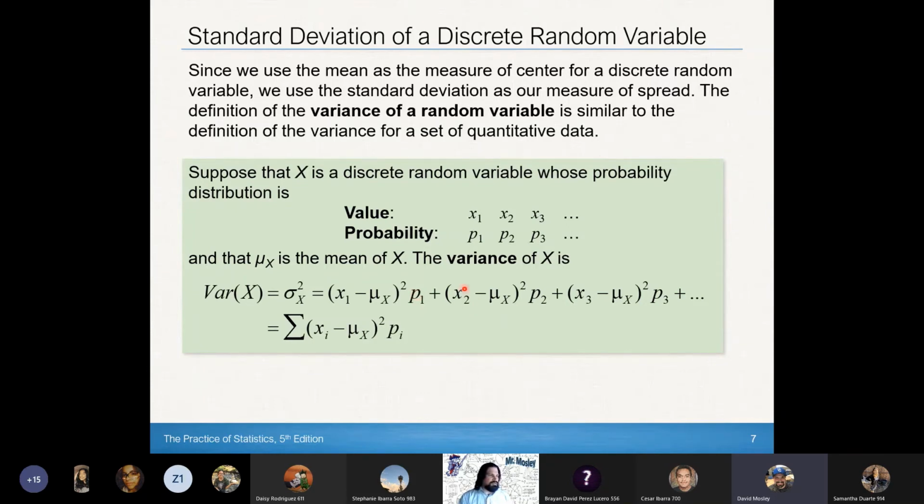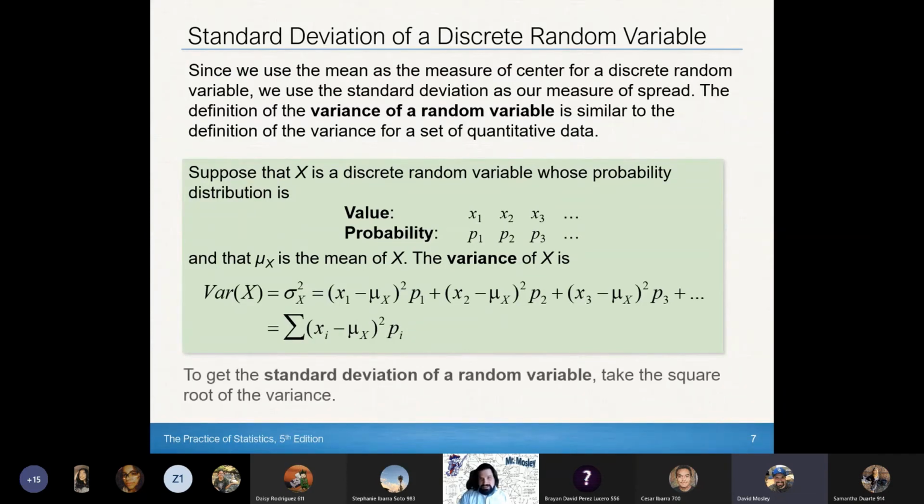Right, then second outcome minus the mean squared times the probability of a second outcome, and so on, and we continue like that until we don't have any more outcomes and probabilities, and we can write that in short notation as the sum of all the differences between outcomes and mean squared times those outcomes' probabilities.